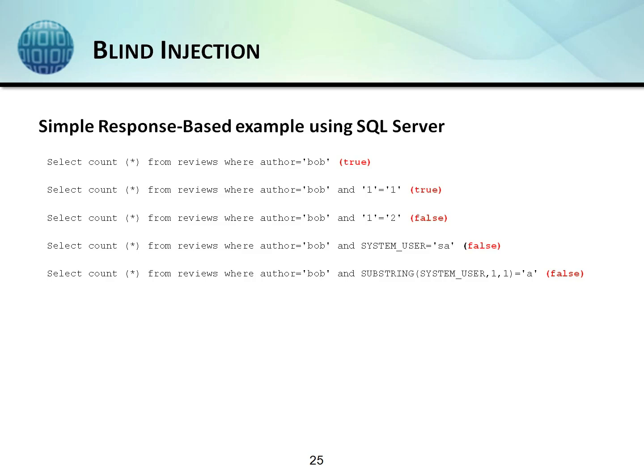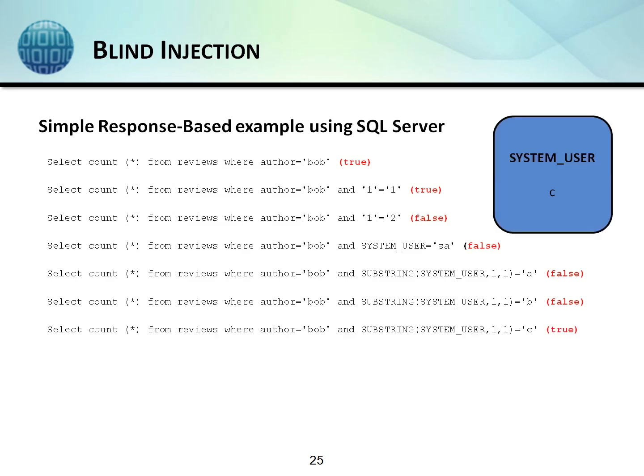We're checking the first character of the call to system user, and if the first letter is actually an A, then 10 records will come back to the browser. But in this case, no records come back, so we know it's not A. Let's try B. Still no records coming back. Now we try C, and we actually get 10 records coming back. So we know the first letter of the database login is a C.